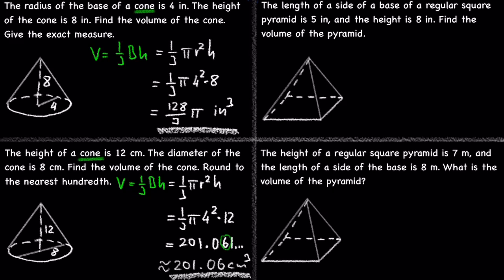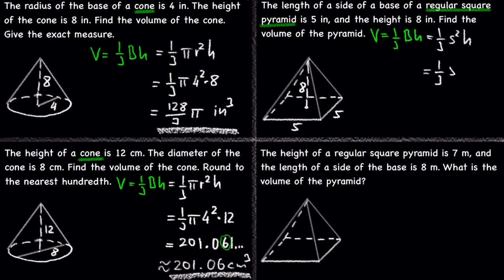The length of a side of a base of a regular square pyramid is 5 inches. And the height is 8 inches. Find the volume of the pyramid. The volume of the pyramid is 1/3 times the base times the height. So we get 1/3 times s squared times the height.